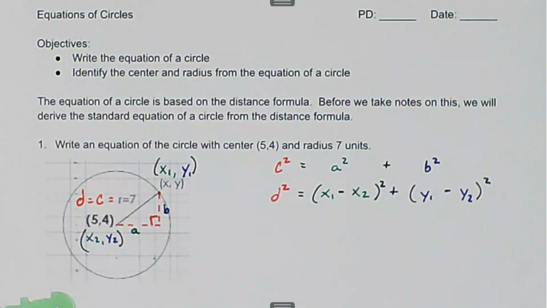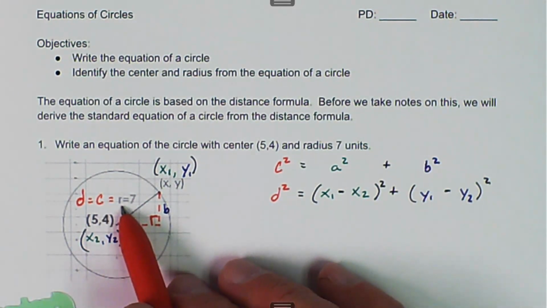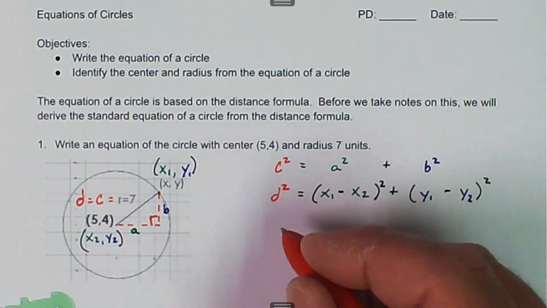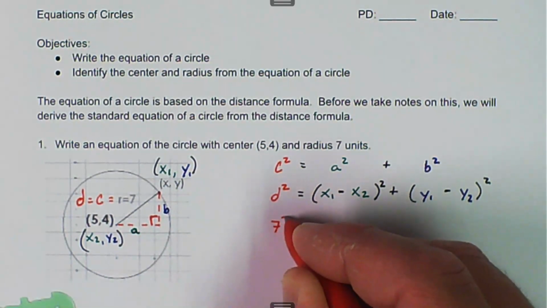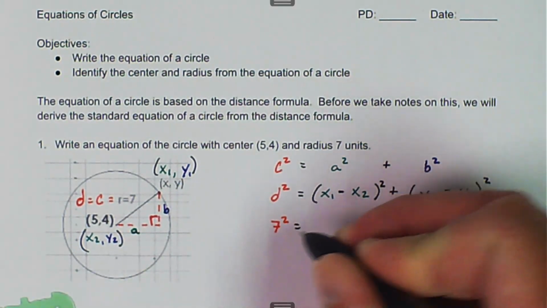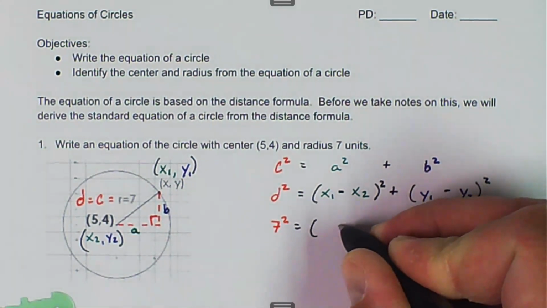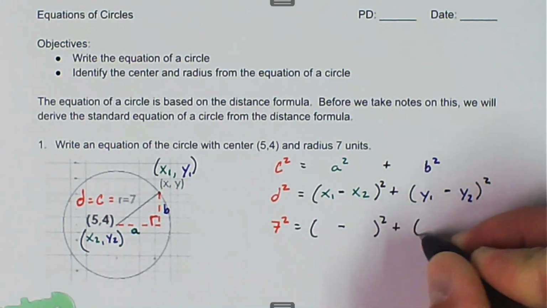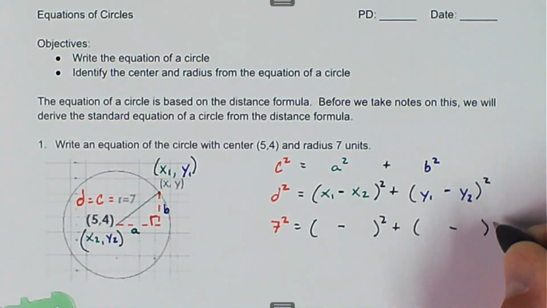And now we can substitute some values in. So our d value, or our radius from the center to the side of the circle, is going to be 7. So we can say that that is 7 squared. Things that never change: we always have subtraction, addition, subtraction.